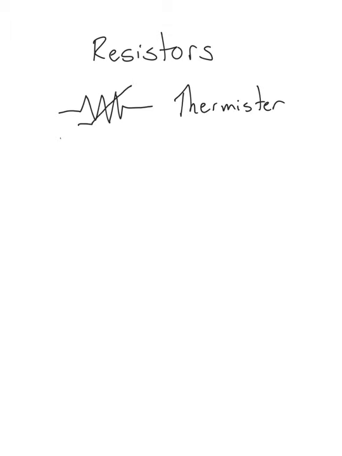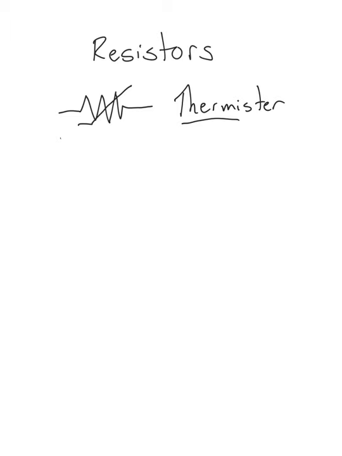Final resistor type looks like this. I have a resistor symbol with what kind of looks like a check mark going through it. Those are known as thermistors. Thermistor, you read into the word. I have thermal. So what I have is a temperature-based resistor. Its resistance value will vary based on the temperature that it's exposed to.